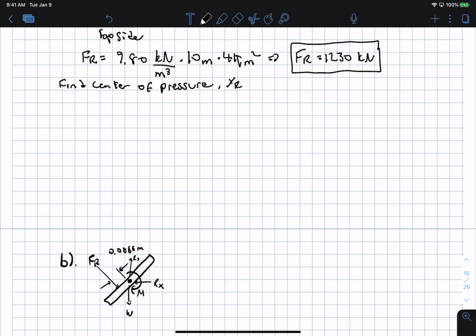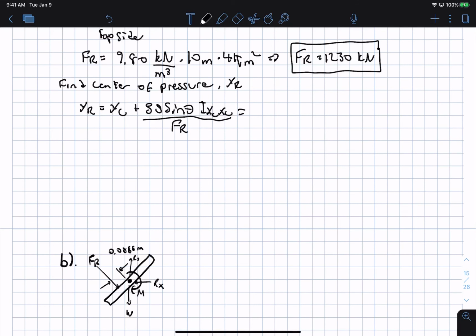Okay. And YR equals the Y value of the centroid plus rho g sine theta I xc divided by the resultant force.